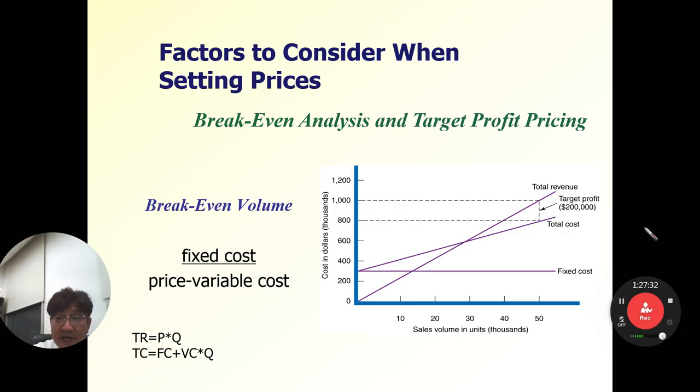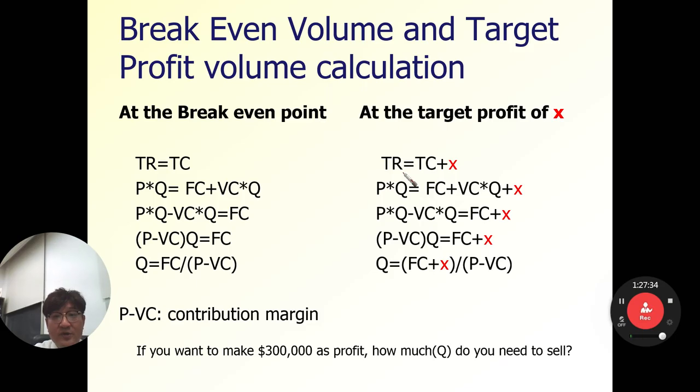So with that information, all we need to do is add a certain amount, which is the target profit, to the total cost, and it is going to be the same as total revenue. You set up the equation this way.